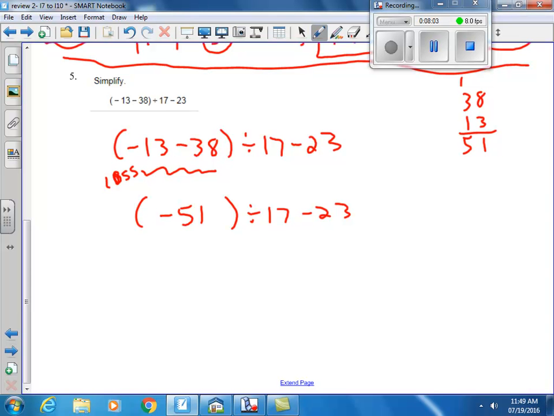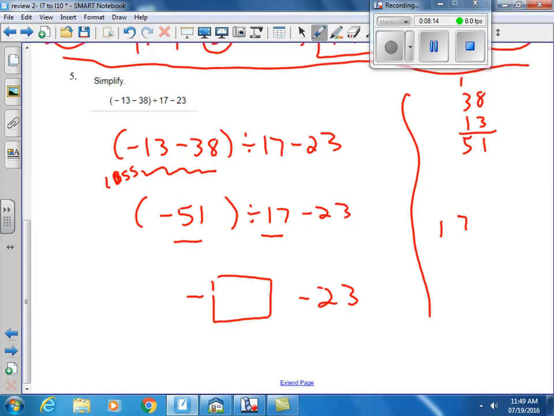Negative 51 divided by 17, you have a negative divided by a positive, so it's going to be a negative. So, but you might have to, again, go off on the side and take 17 into 51. And you say, okay, well, maybe about 3 times. 3 times 7, 21, carry the 2. Yep, goes perfectly 3 times.